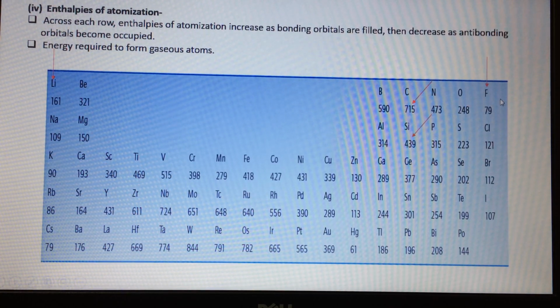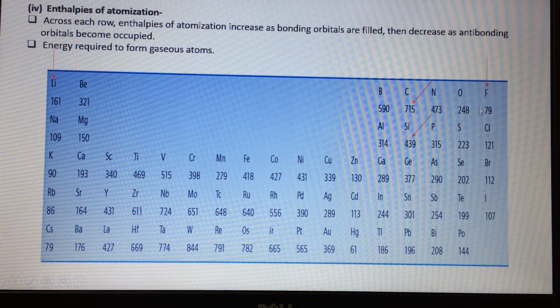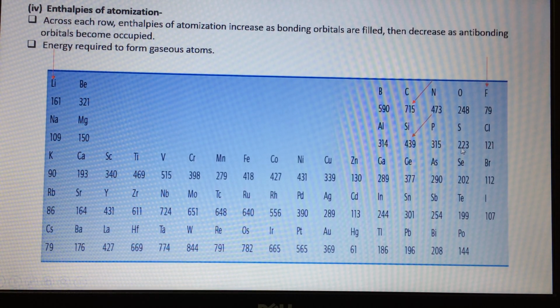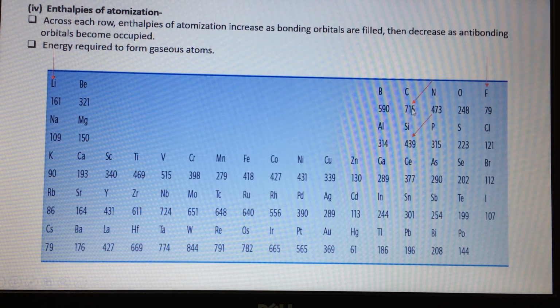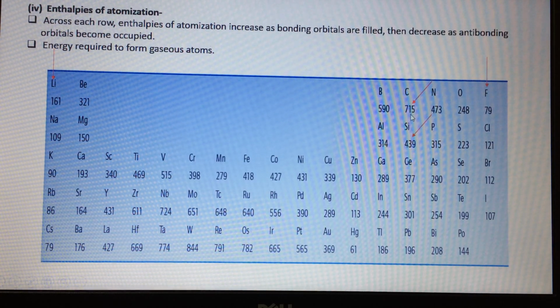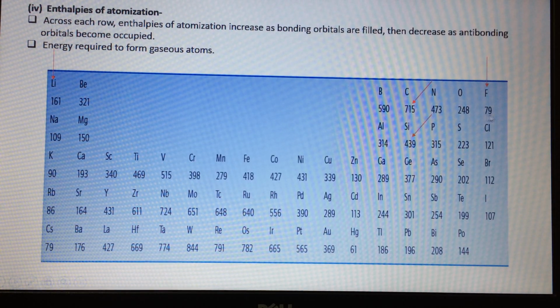Therefore only here lower energy is needed to form the gaseous form. If we see this trend, first the enthalpy of atomization increases and reaches its highest point, 715, and then again starts to decrease.